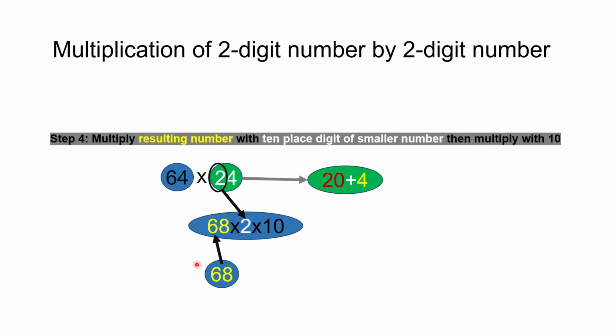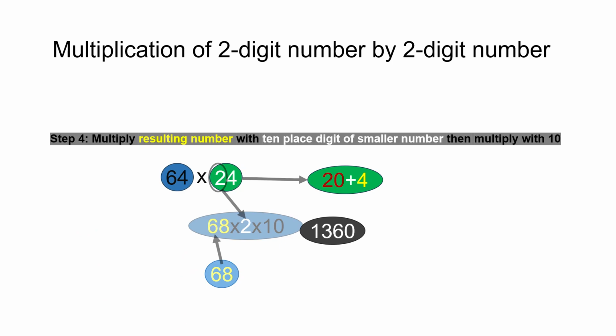So we multiply 68 by 2 and the result is then multiplied by 10. With this multiplication we get 1360.